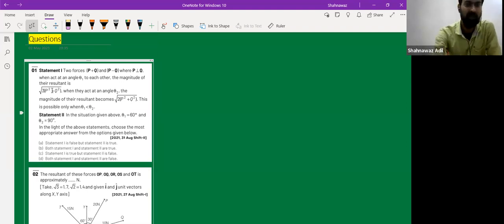So let's say two forces P plus Q and P minus Q, right?